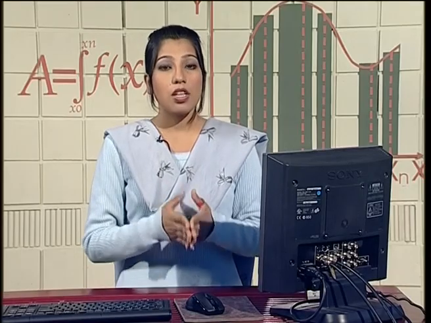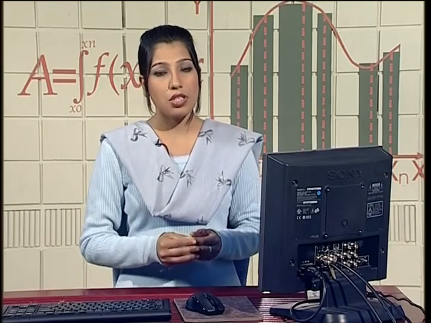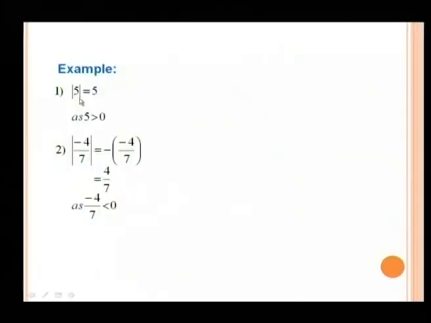To understand the concept of absolute value, you can see some examples on the screen. In the first example, we have |5| = +5, as 5 is greater than 0, which is considered a positive integer.